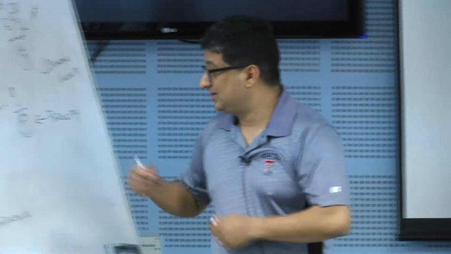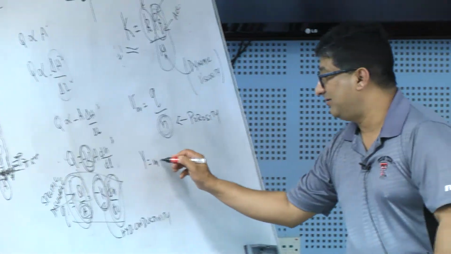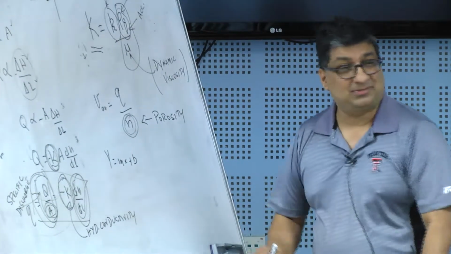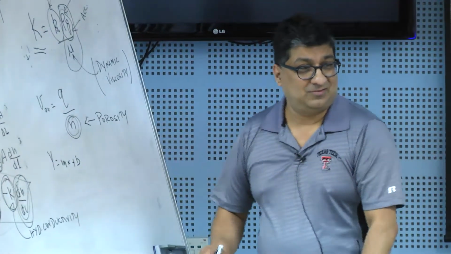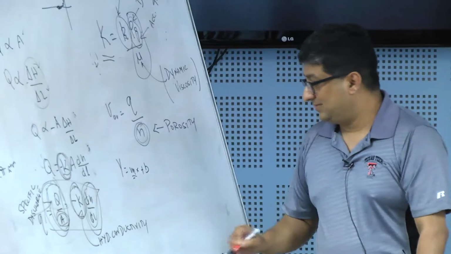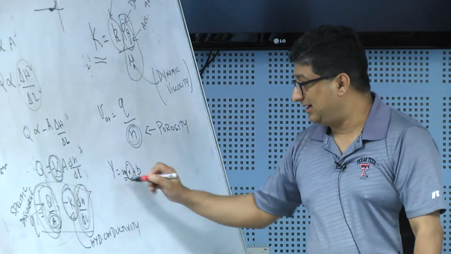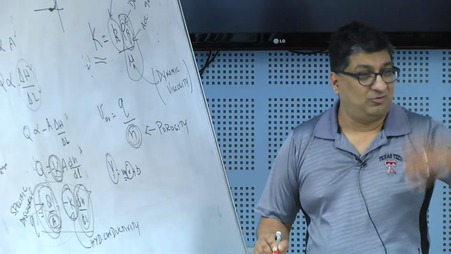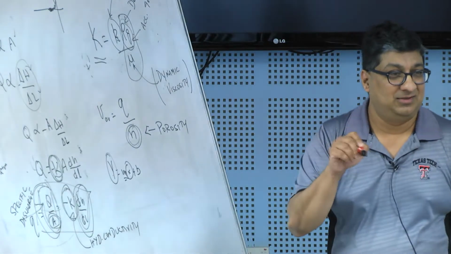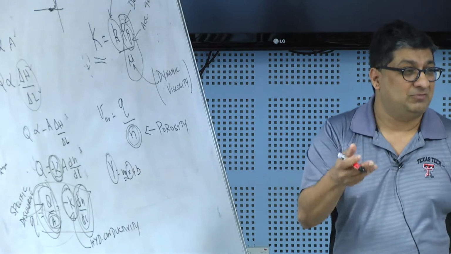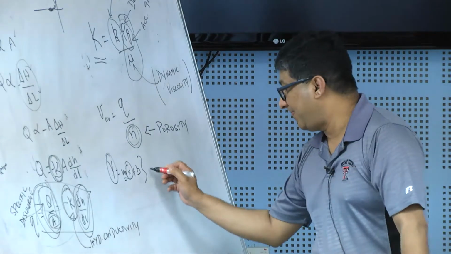So if I have an equation y equals mx plus b, if I know m, I can estimate y. If I don't know m, what do I do? I have to measure x and y, draw a straight line and get the slope, and that is what's called an inverse problem.